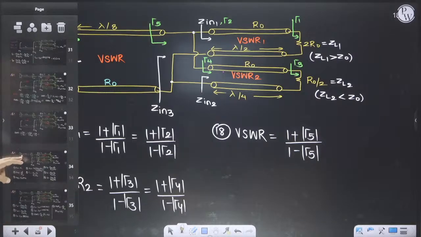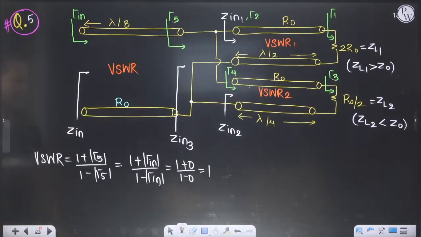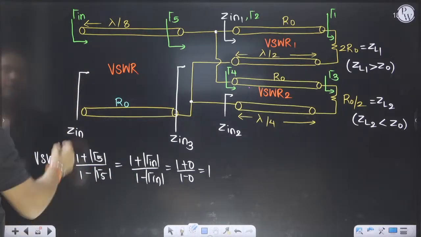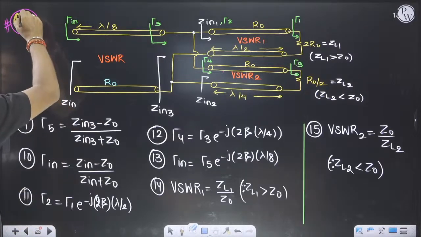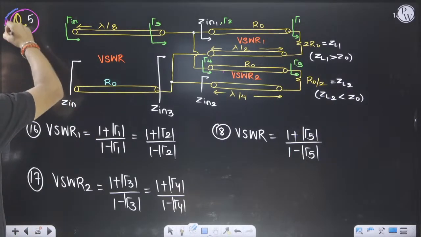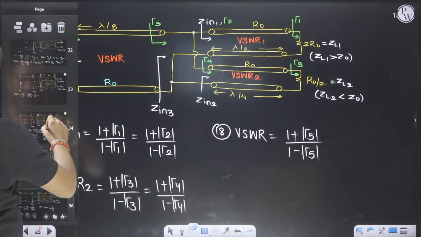So we have studied so many things. Just summarize this. Do these questions 1 time, 2 times, 3 times, so that you will understand this problem. If you are not doing them multiple times, then you are not going to understand.